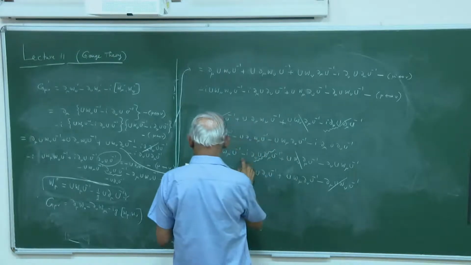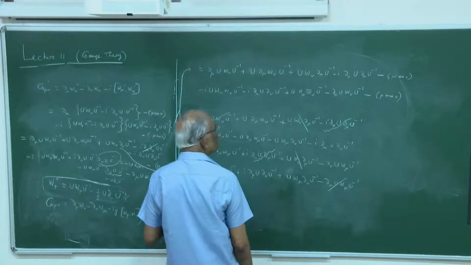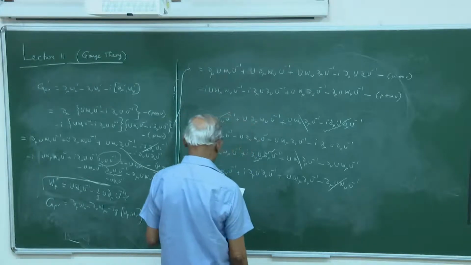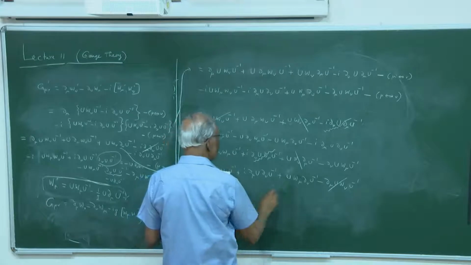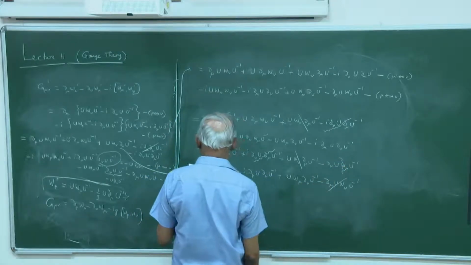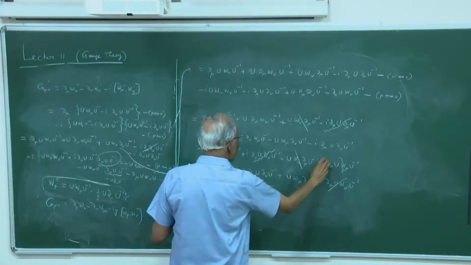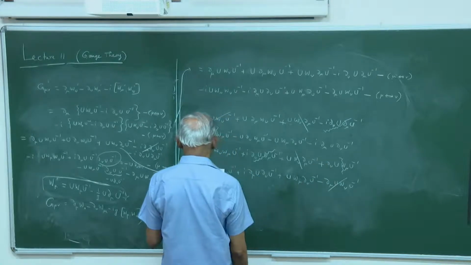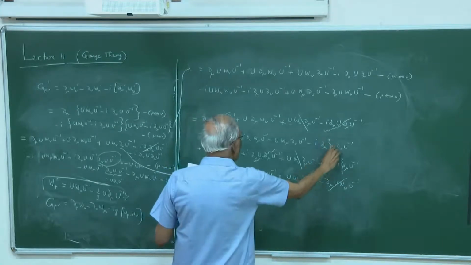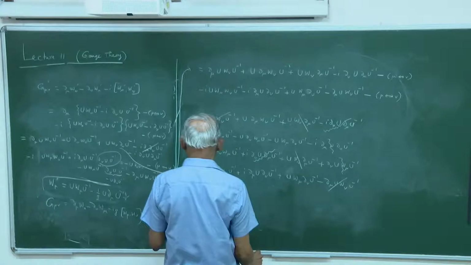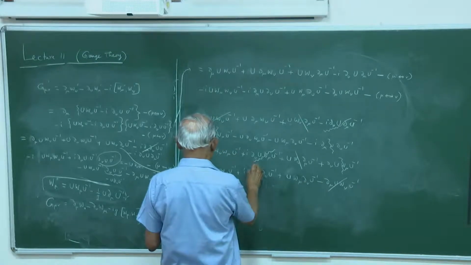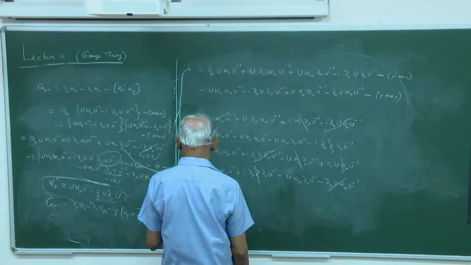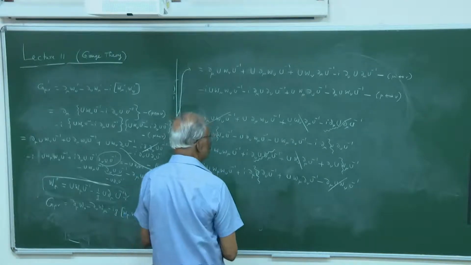This should have been plus, that is why I made a mistake there. Then this cancels with, again I made a mistake, this should have been plus, and this cancels with this. I think we have done all the cancellations.